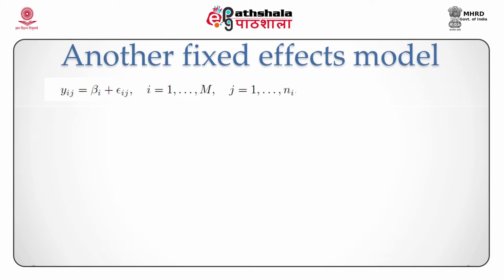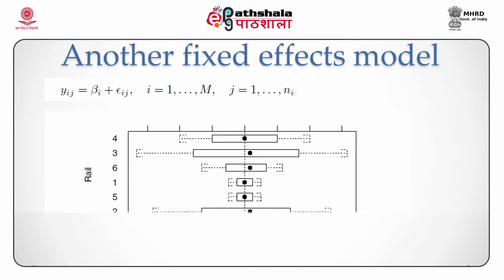So we fit this model using usual linear model theory, that is least squares, and find the residuals and do a box plot of the residuals as before. Now, as you can see, there is no systematic trend in the residuals, which is reassuring, but the variability of the residuals still continues to be a matter of concern.